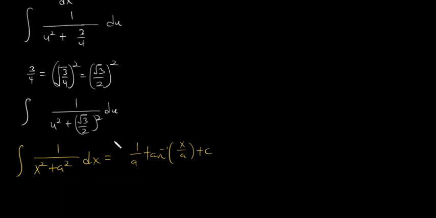You see that the function we have here is of this form, which means that you can apply this formula. We are having the integral of 1 over u squared plus root 3 on 2 squared du, which means that our u is the x, and our a is root 3 on 2.